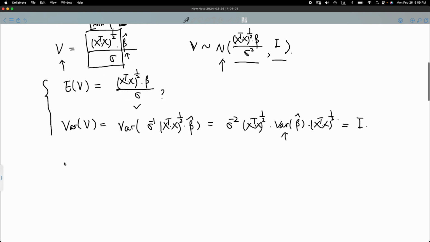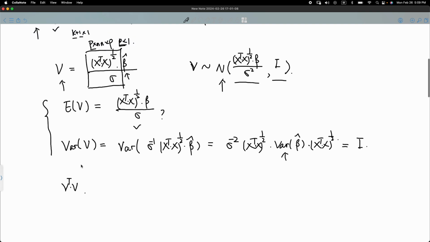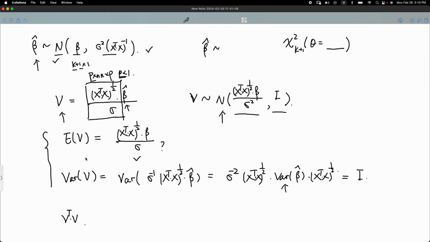So the non-central chi-square distribution can be defined by V transpose V. I think this is also what you've done in the homework, not in the lecture. Was the central chi-square derived in the lecture? Yeah.